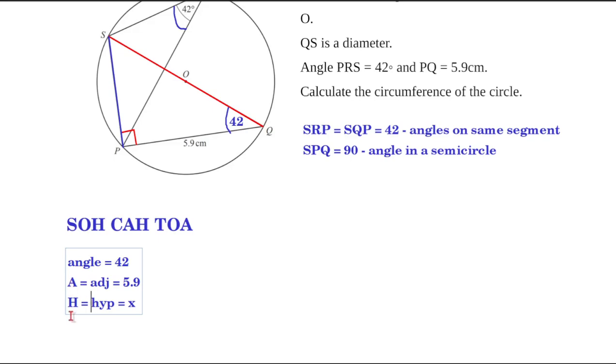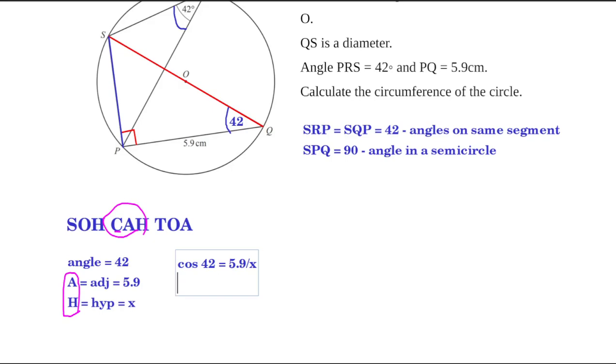Now AH. Which among these has an AH? It's actually this one here. So we are going to use what? The first letter here is C, which simply means that we must use cos. So cos of the angle 42 is equal to the adjacent, 5.9, divided by the hypotenuse, x.